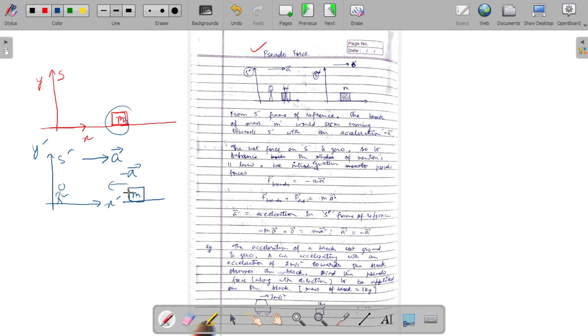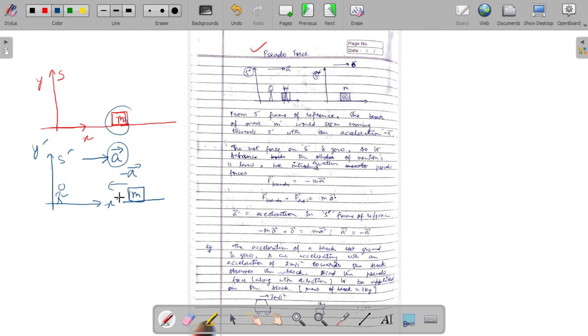Now it may seem pretty obvious that yes, since we are moving with an acceleration a, no doubt m should come towards us with an acceleration minus a. So is there any force acting on mass m which is producing this acceleration, or is it just because we are moving that it is coming with an acceleration minus a?